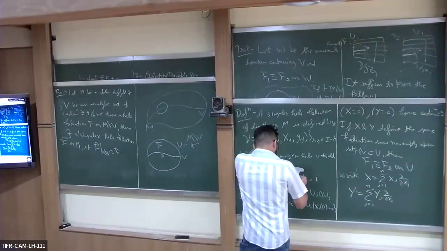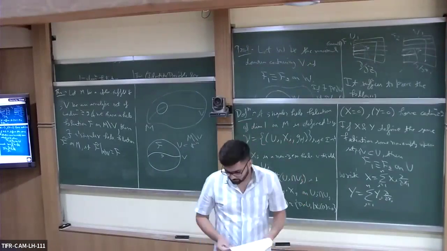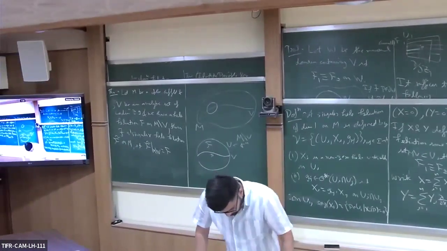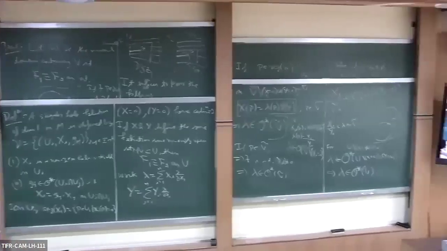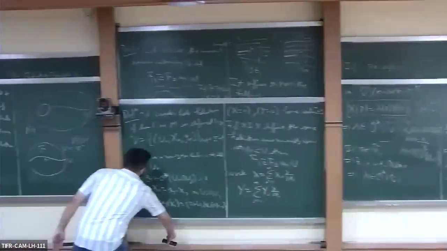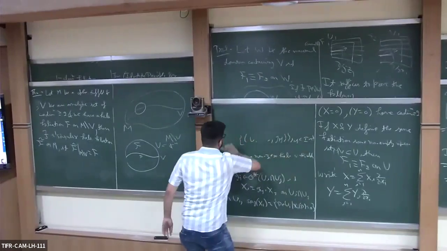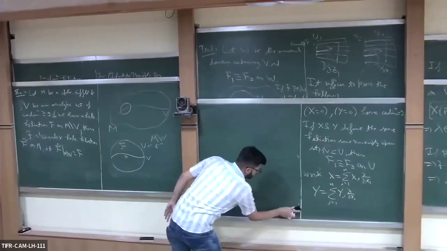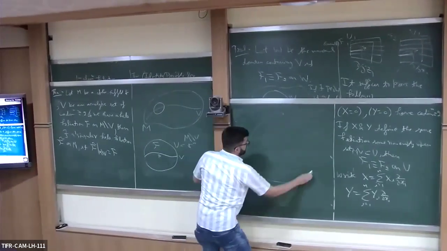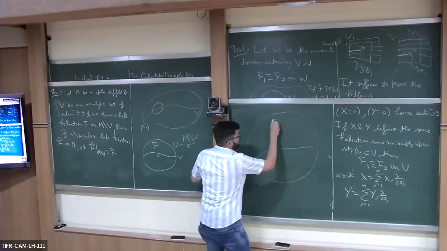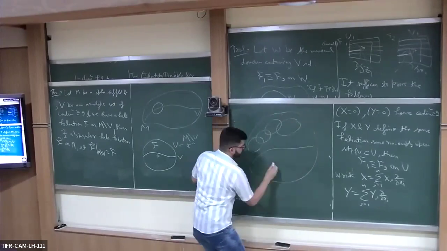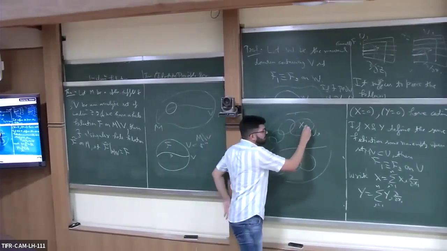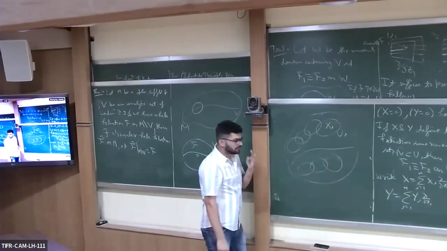To do that, let me just give the kind of idea that I want. On M minus P, I have these open sets which are a cover of M minus P, and on each U alpha I have a vector field X alpha.